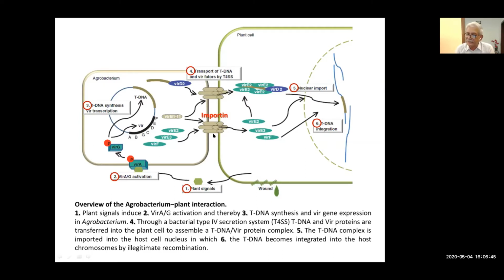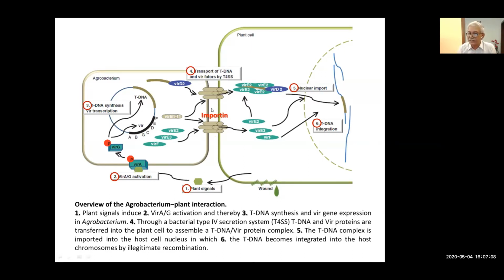All these cells have this type 4 secretion system, which is based on the conjugal transfer of DNA or proteins into the surroundings of the cell or towards another cell which is attached to the bacteria.